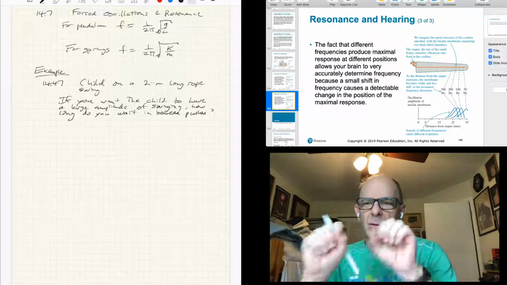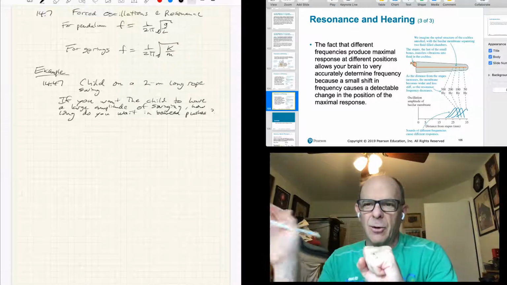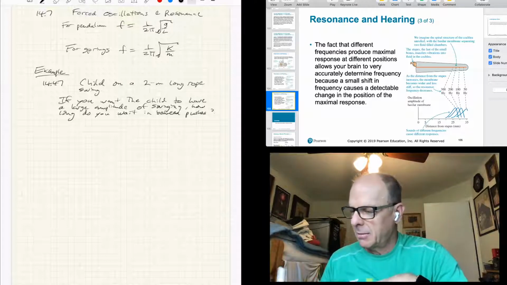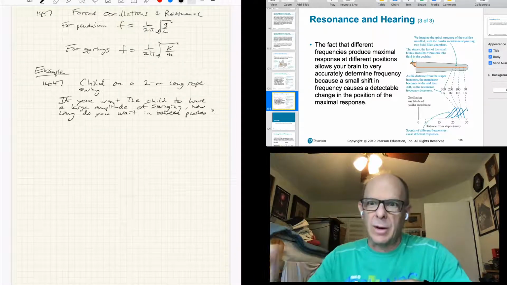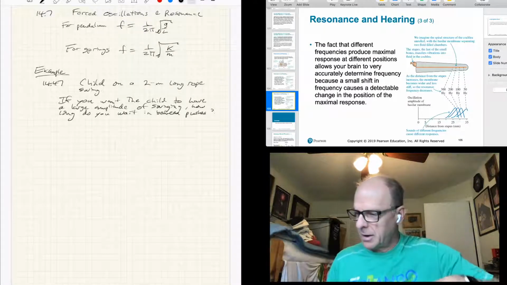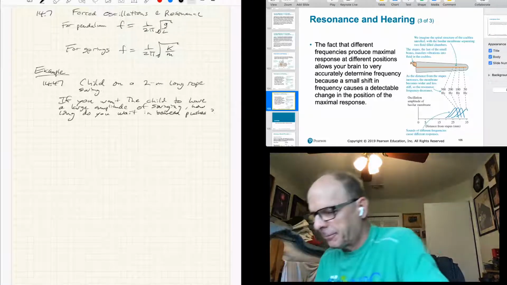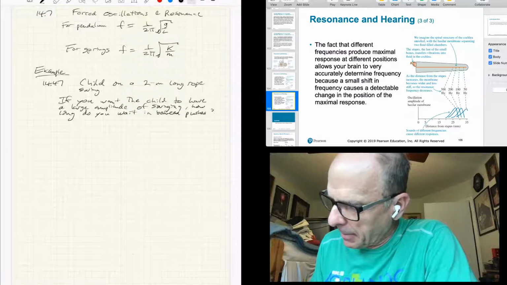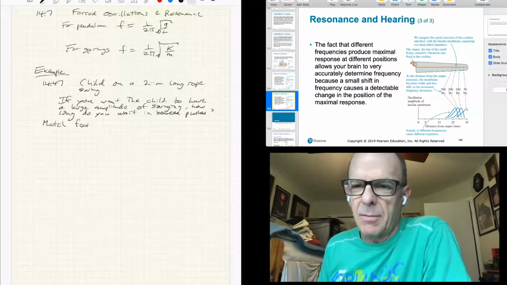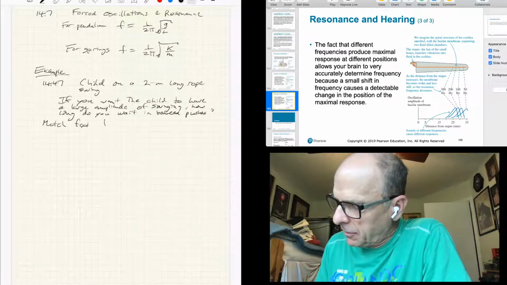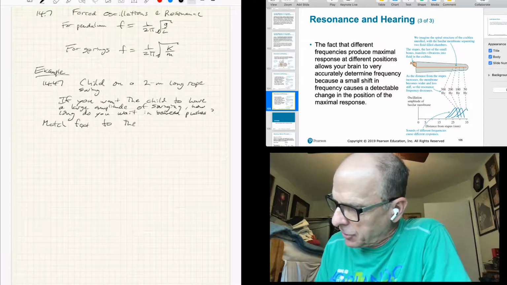What's the interval that I push in order for the child's motion on the swing to be growing so that she has a better time? So I want to match the external frequency to the natural frequency.